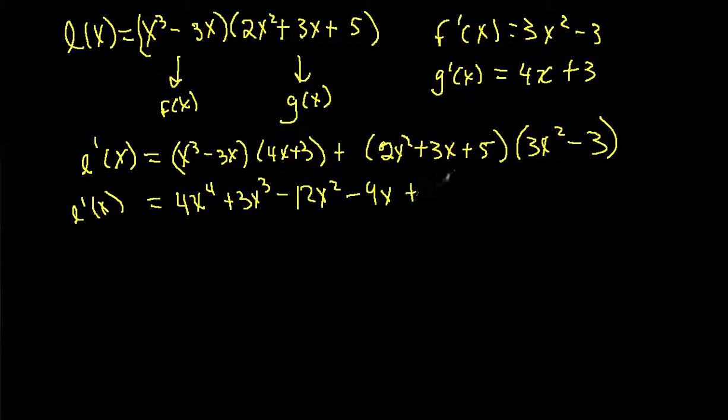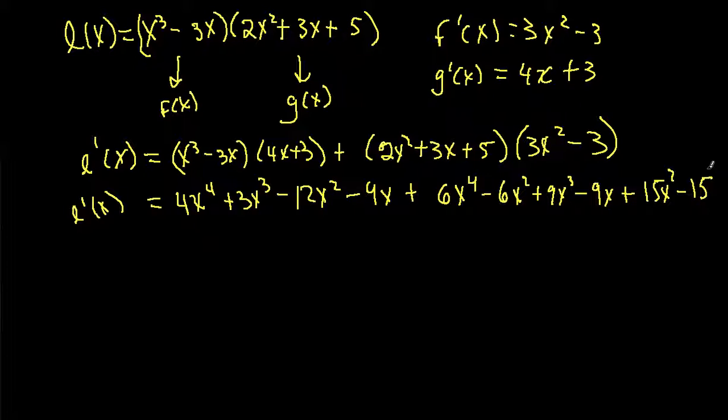Now there's a plus sign, so I'm going to distribute the 2x squared now. 2 times 3 is 6x to the fourth, because the power is 2 plus 2 makes 4, so 6x to the fourth, minus 2x squared times 3, times negative 3, which is negative 6x squared. Okay, and then we have the 3x now, plus 9x cubed minus 9x. And then finally the 5, which is plus 15x squared minus 15.